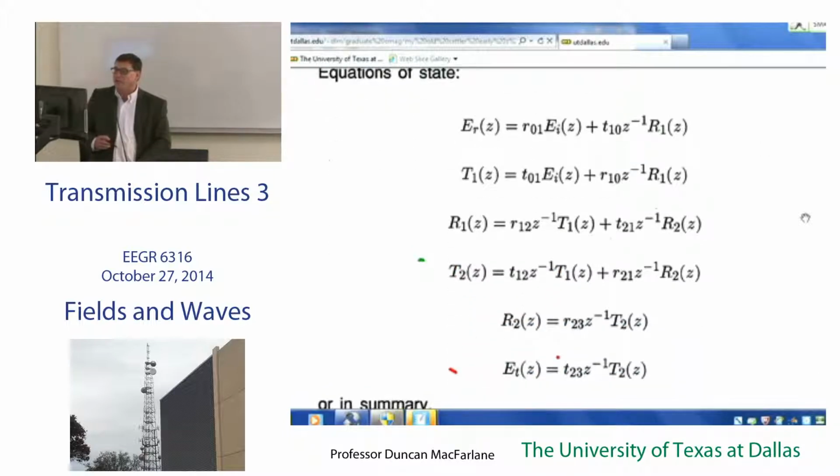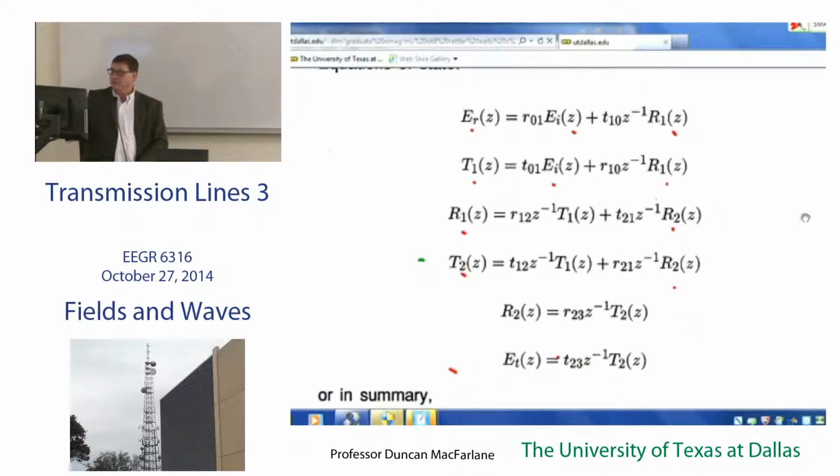So here are the equations of state. And again, these are just the algebraic equations, and I write these in order to eliminate the intermediate variables, so that I can get the output in terms of the input, or rather the outputs, in terms of the input.